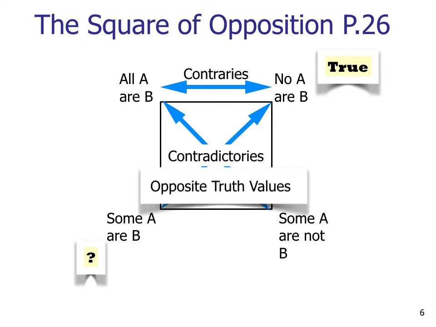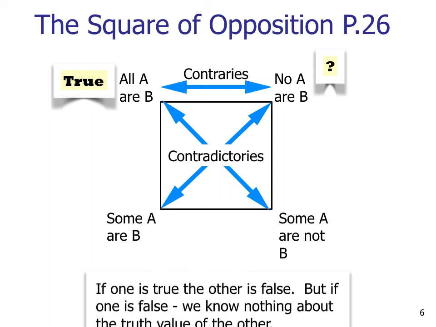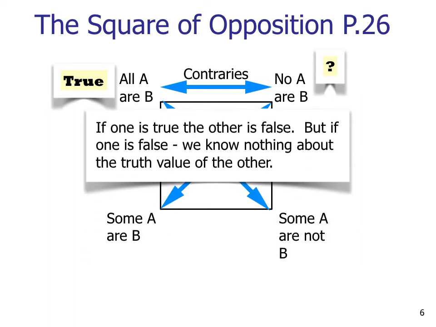They're contradictories, so they have opposite truth values. So if one is true, the other is false. Let's try another. If all A are B is true, then no A are B is? Well, these are contraries, and if one is true, the other is false. And here, one is true, so we know that the other is false.